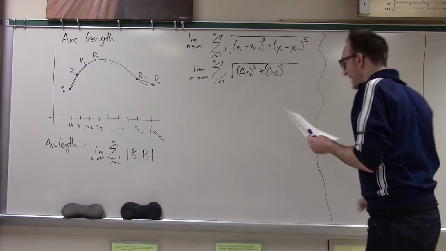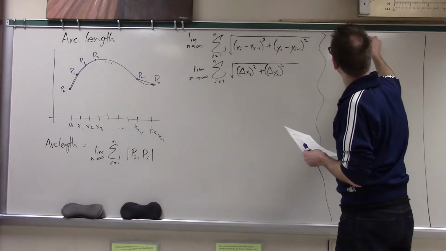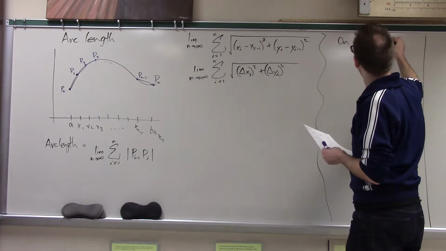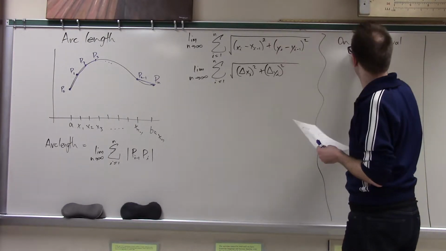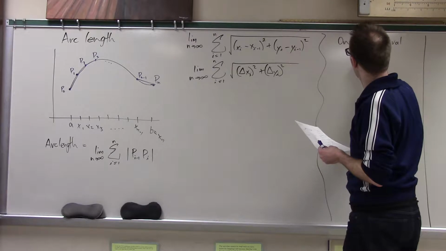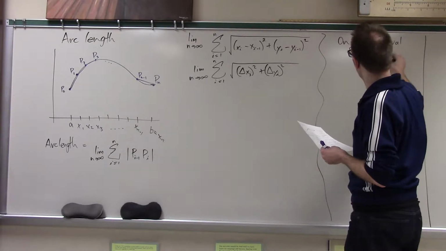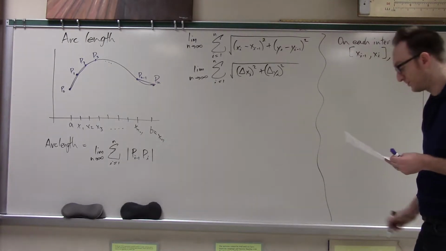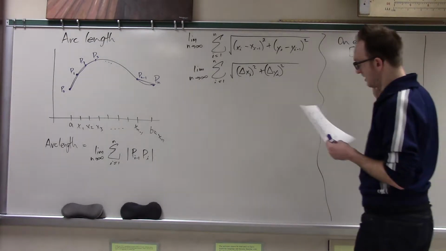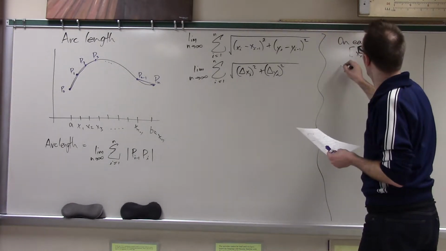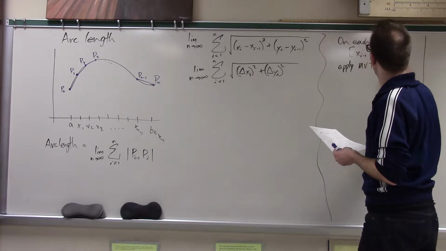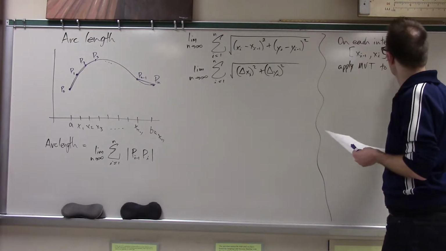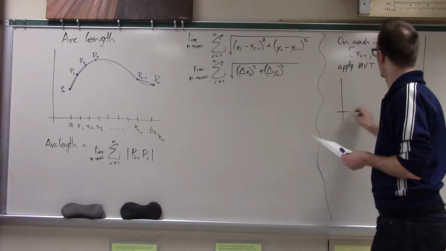On each interval, I'm talking about the intervals x sub i minus 1 to x sub i, on the ith subinterval, I'm going to apply the mean value theorem to f. The picture is something like this.